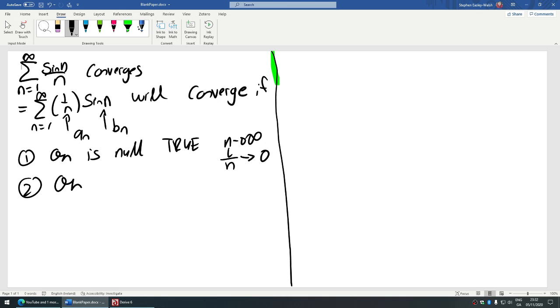Two, an is monotonic, and this is true because clearly 1 over n plus 1 is smaller than 1 over n.